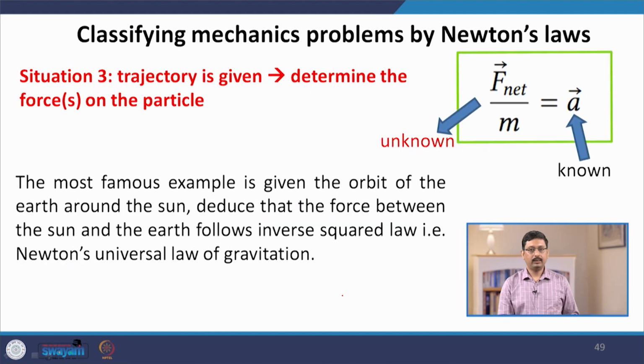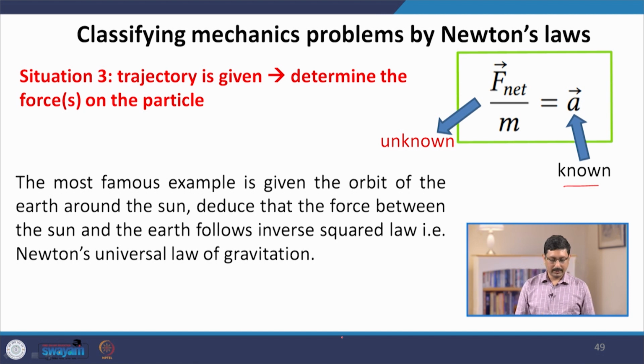Now, situation 3 is the opposite, which means that the trajectory is given. So, you know the position, the velocity, and the acceleration. Now you determine the forces acting on the particle, so the force is unknown.